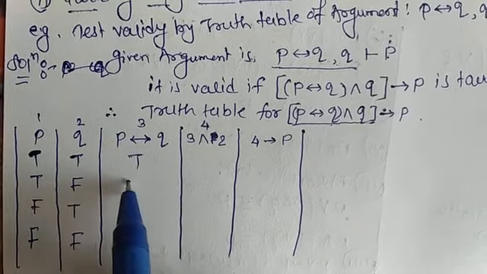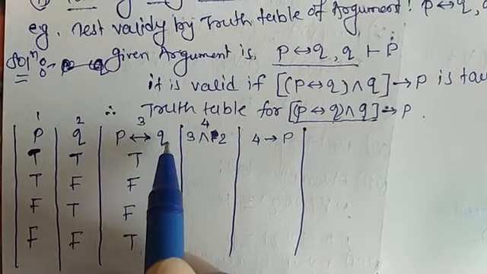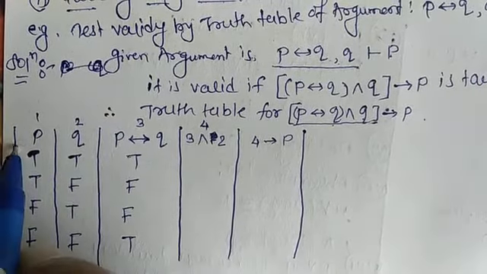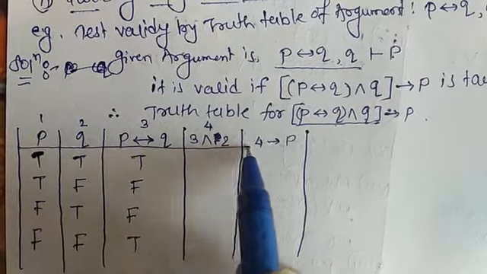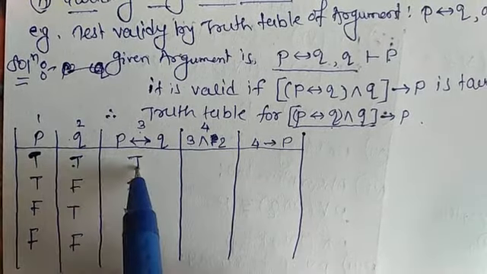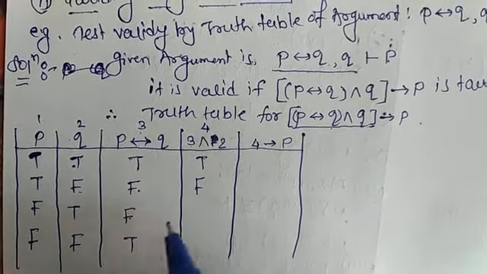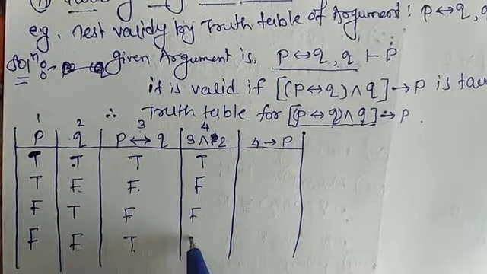So T and F, one is false, it is false. Now we take AND of the third and second column. T and T is true, false and false is false, true and false is false, false and true is false.